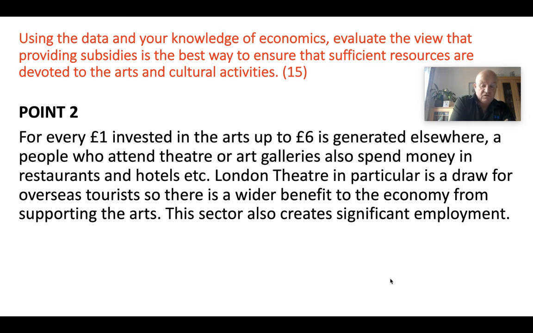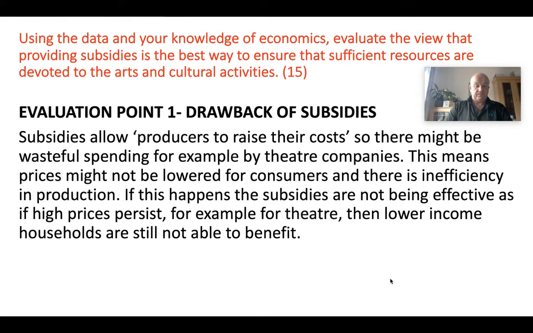It draws overseas tourists and creates a wider benefit to the economy from supporting the arts, and it also creates significant employment options. Okay, so in some cases, you might think of that initial subsidy, well, why should we do that? It's not particularly efficient. Well, actually, when one thinks of it in a slightly wider sense, it clearly can have massive benefits by supporting the arts.